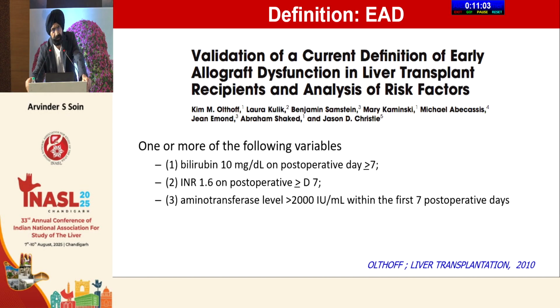And then the INR, initially after stabilizing, may rise or actually fail to fall. And then early indications of this could be an aminotransferase level of more than 2,000 international units per ml in the first 7 days, usually in the first 3 days.